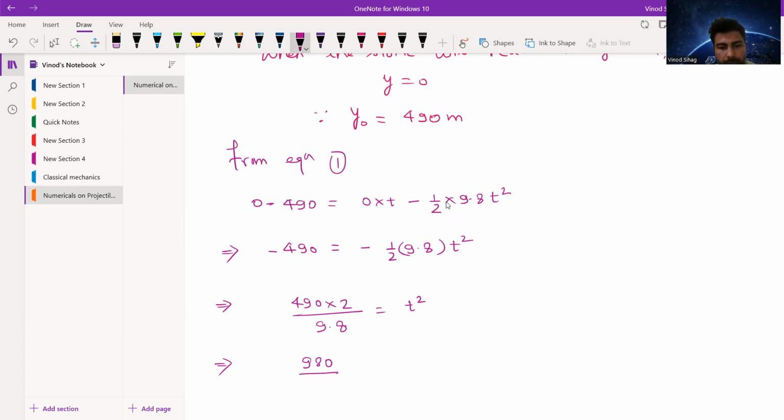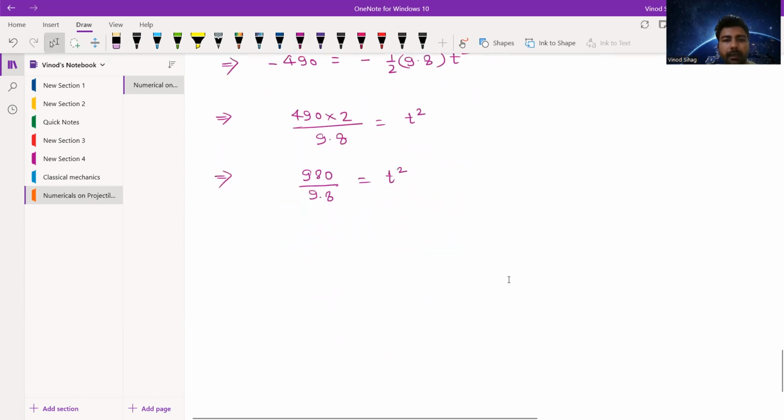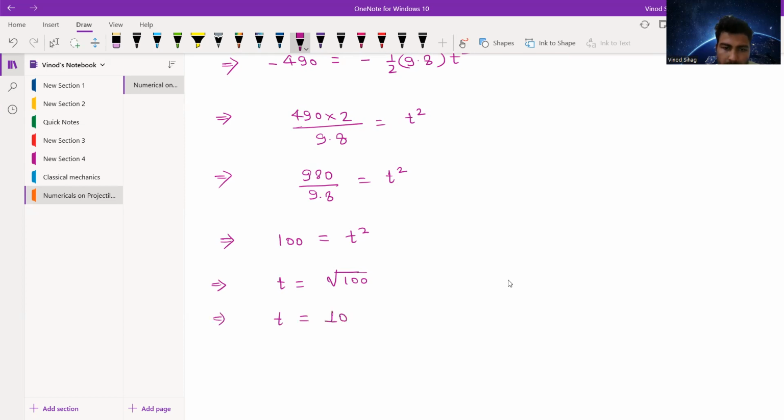So 980 upon 9.8 equals t square. Now if we divide 980 by 9.8, we get 100 equals t square. If we take the square root on both sides, the square root of 100 is 10. So the time taken to reach the ground will be 10 seconds.